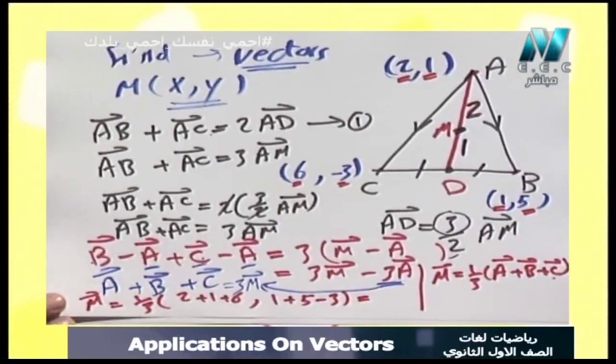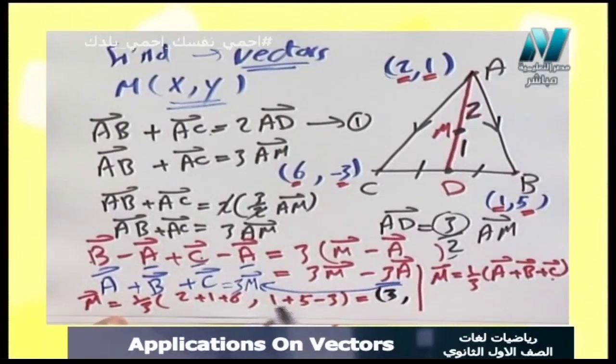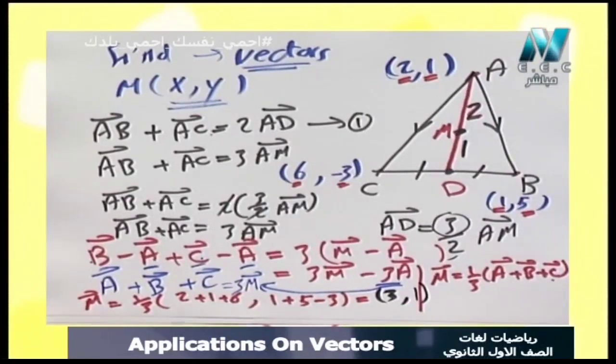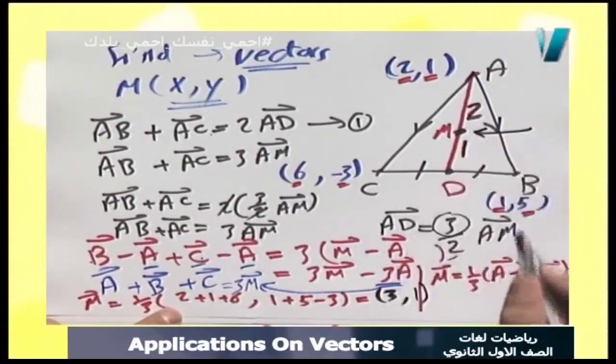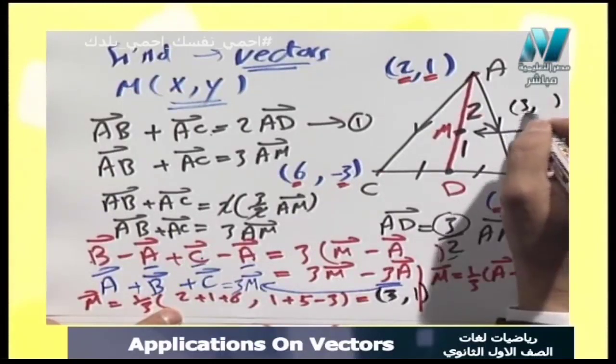So 2 plus 1 equals 3, plus 6 equals 9, one third of 9 equals 3, and 1 plus 5 equals 6, 6 minus 3 equals 3, one third of 3 is 1. So the final answer, the coordinates of M, is 3 and 1.